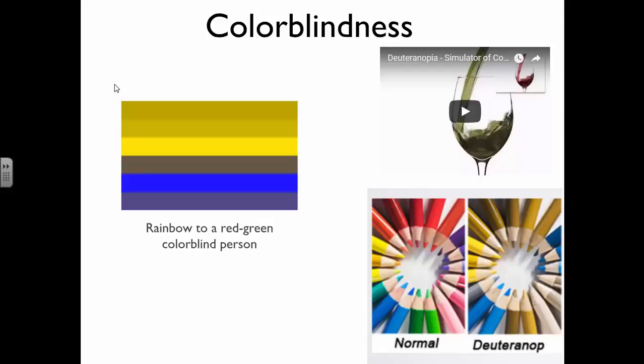I know a person that's a soccer referee who actually has red-green colorblindness, and depending on the uniforms the teams are wearing, sometimes it's hard for him to distinguish one team from another based on the colors. So, it's fairly common. Especially, do you know who's most affected by this type of colorblindness?